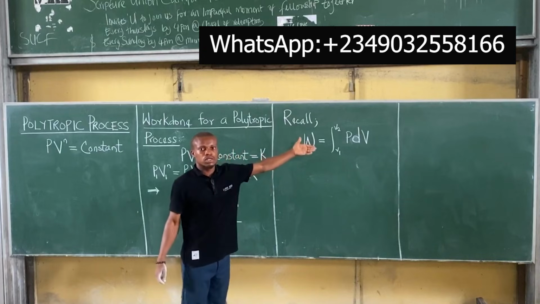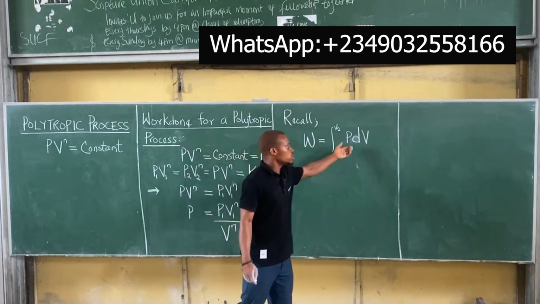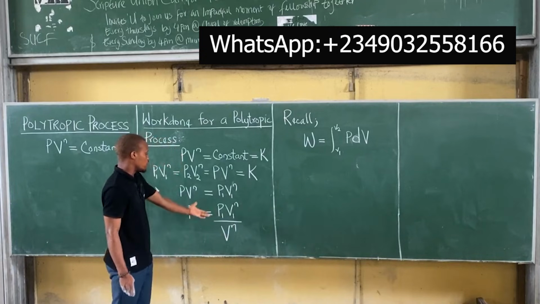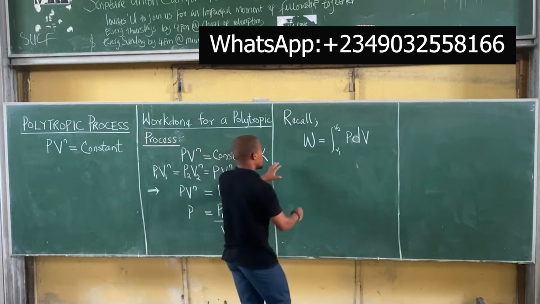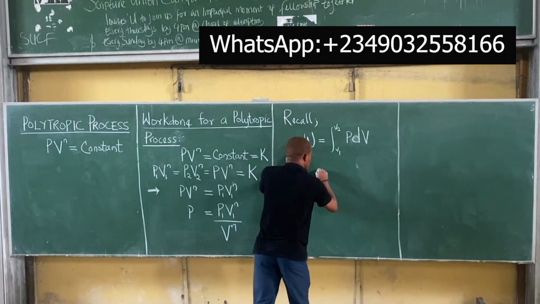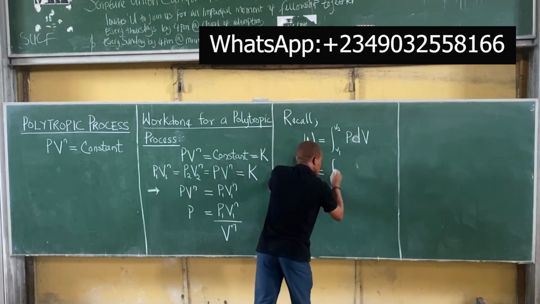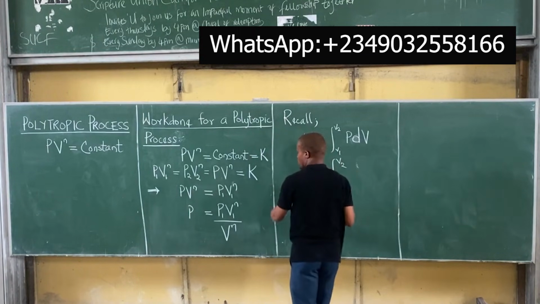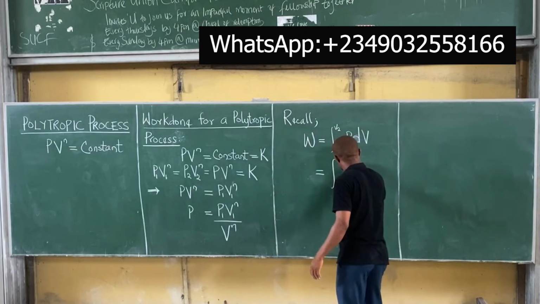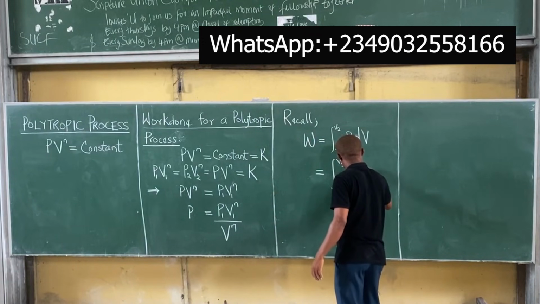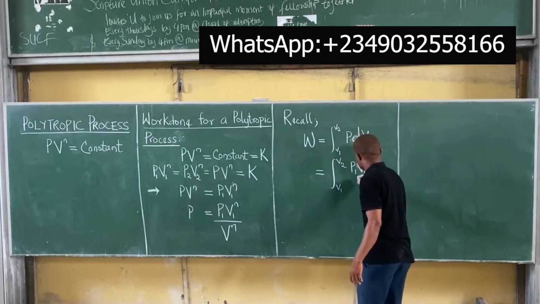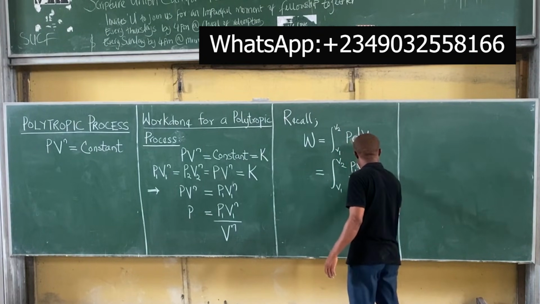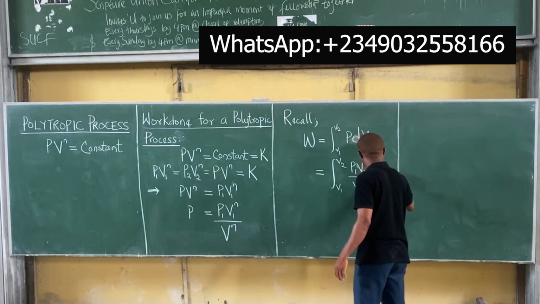Wherever we see P, we have to input this, which was given as the value of P. So we then have that W equals the integral from the limit of V1 to V2 of P1 V1^n divided by V^n dV.